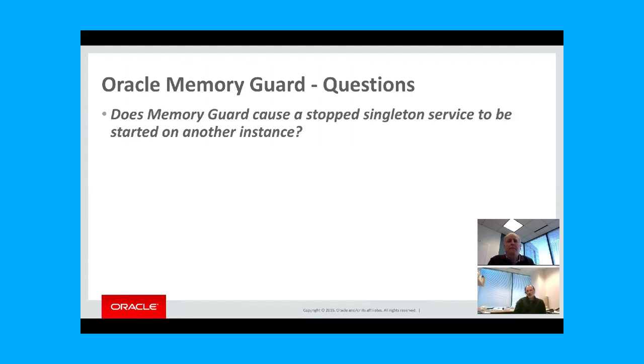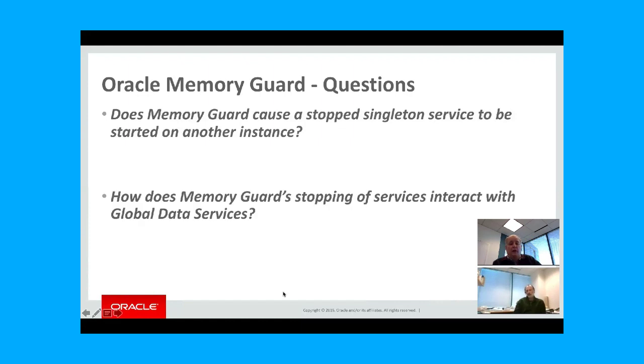The singleton service support that we have will stop the service and restart it, but we won't actually migrate a service from one node to another under memory guard control. Now, of course, the user's free to move that service as they wish, but memory guard won't do that currently on its own. So CRS does not see the memory guard action as an HA event for that service. That's correct. It sees it more as a planned stop. A planned stop. Okay, so that's why it doesn't choose to migrate it then.